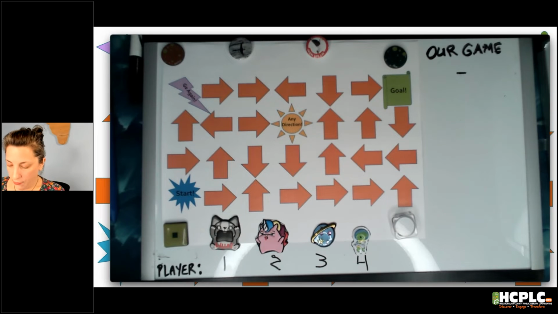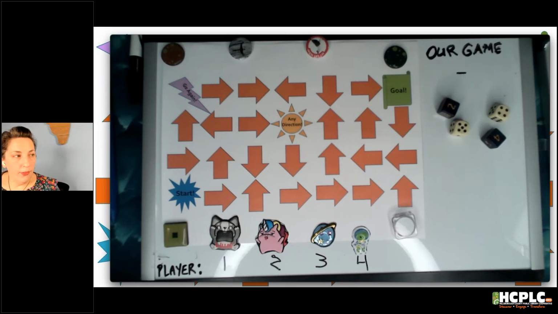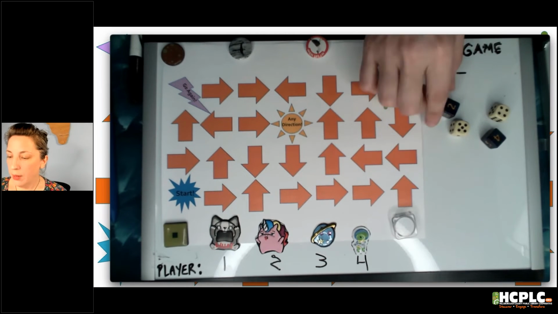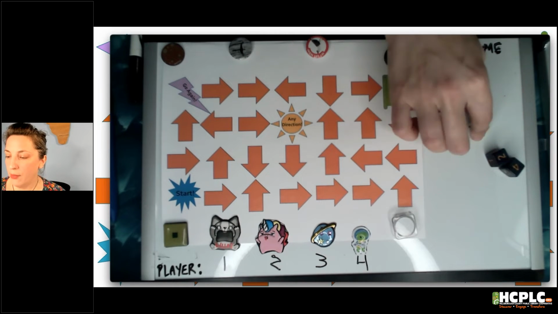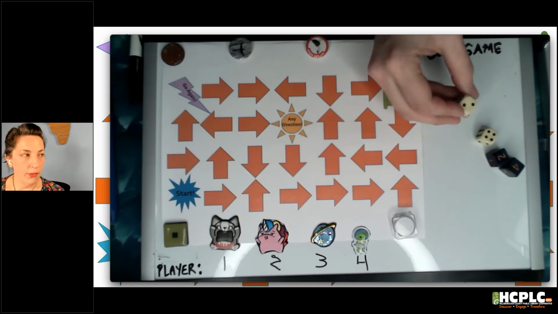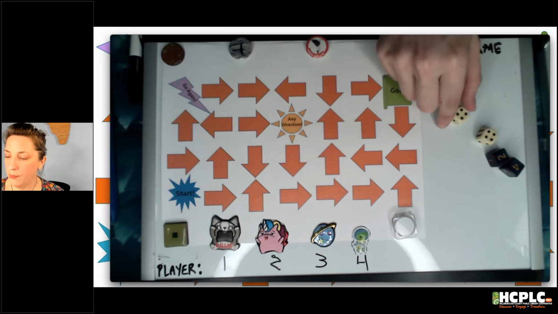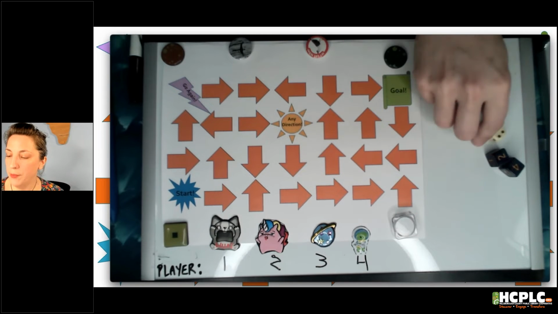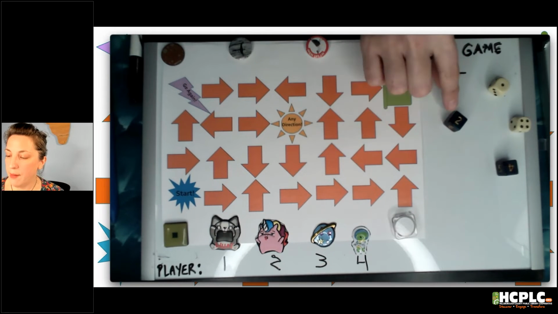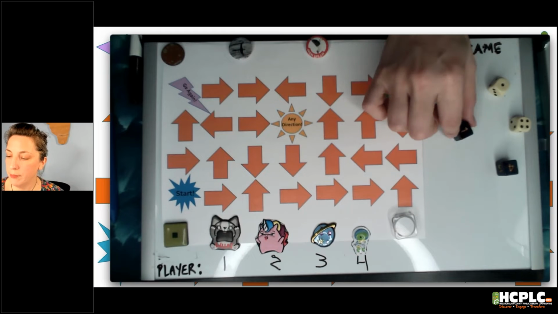Let's see if we can see this on the screen here. I've got a couple of examples here of different kinds of dice that we might be using. Some dice will just have dots on them. So this is very easy. You count the number of dots, and that's how many spaces you move. Some dice actually have the numbers written on them.